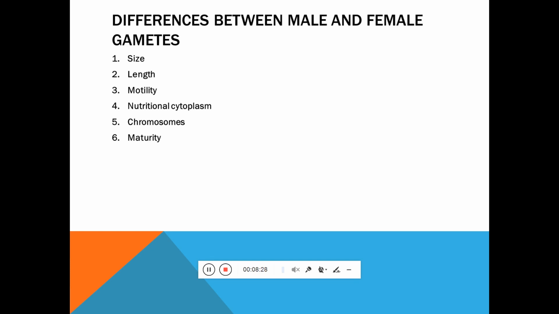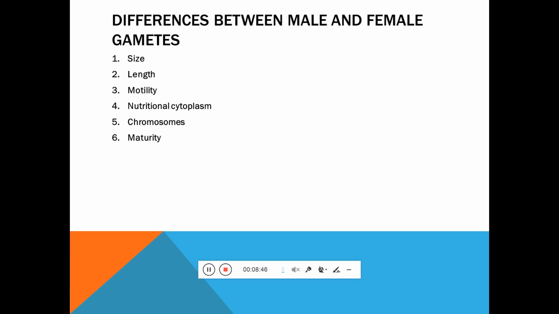Chromosome number: both types of gametes have half the number, that is haploid, but with different characteristics.